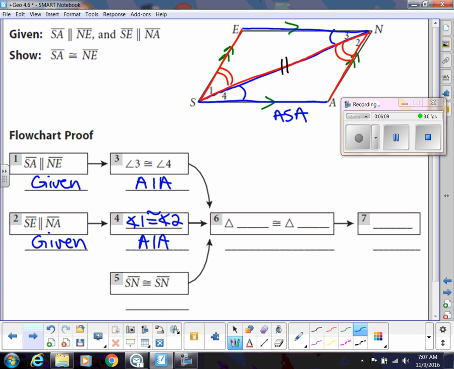You didn't have to split it up into four. That's just how they did it with their flow proof. And then we also said SN is congruent to itself. That's the reflexive property of congruence. Again, the reason they split them up is in a flow proof, they want to show that these three things prove the triangles congruent. So that's your ASA.